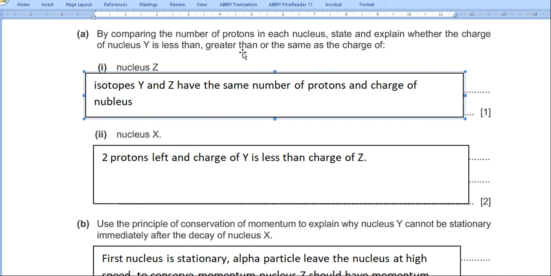They ask about charge of nucleus. Nucleus X, 2 protons left and charge of Y is less than charge of Z.